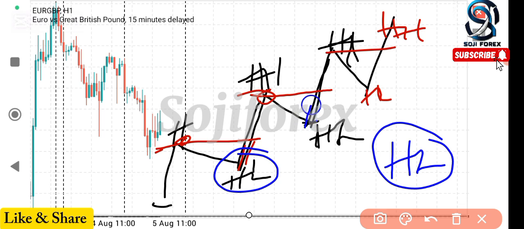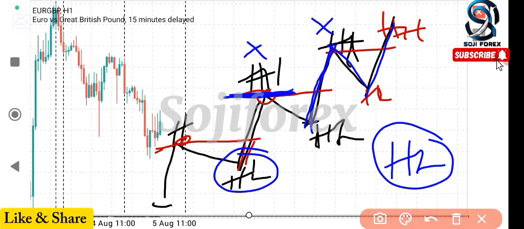before price will move to create this new higher high, it must close above the previous higher high, which means that it will take the liquidity of the previous higher high, and then now it has given us a new higher high. If it must create a new higher high, it will still take the liquidity of this previous higher high by pushing to the upside.